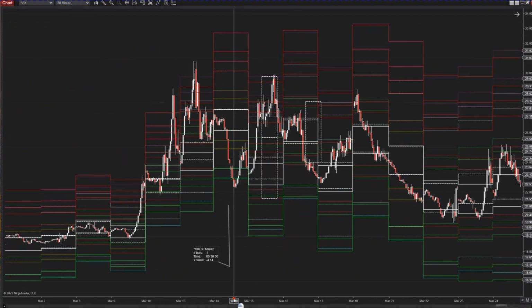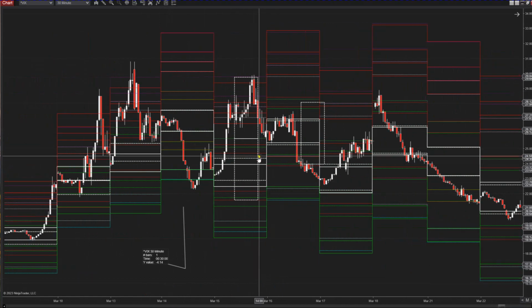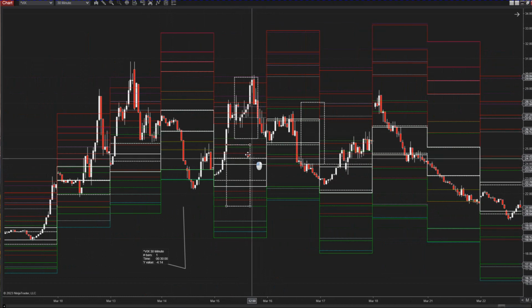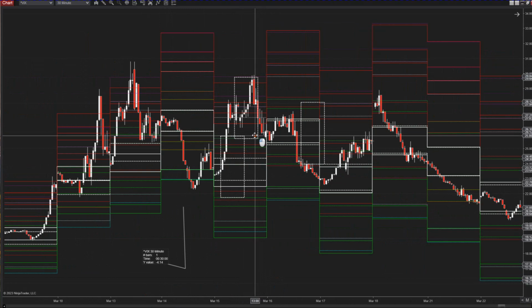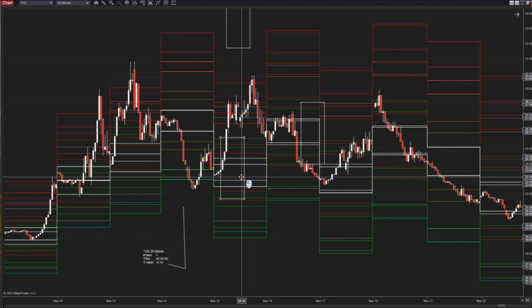Like right here, we had a distribution right here, the 3 to the 3. Let me move this out of the way so you can see it. Or the red to the green right here.